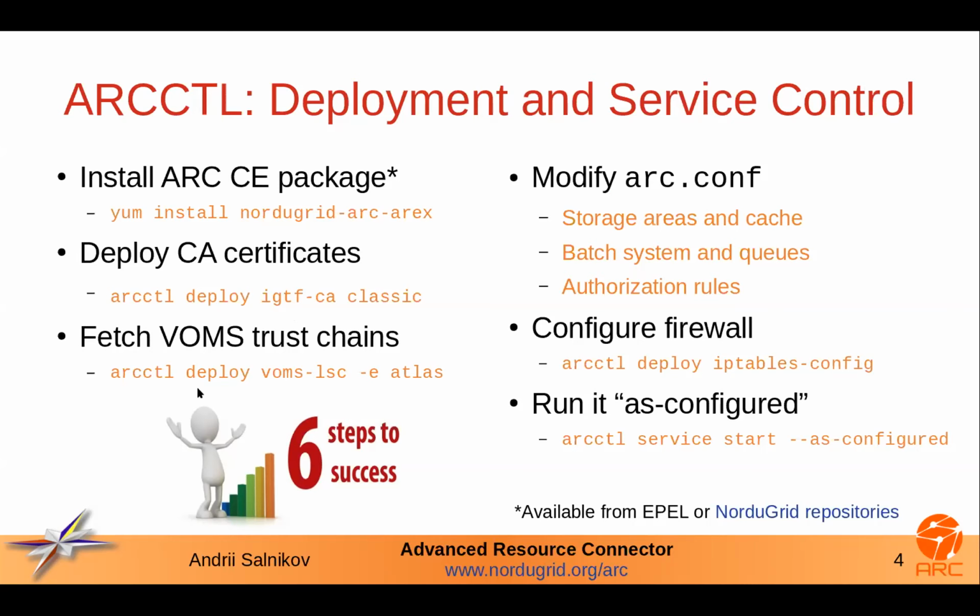If you're using VOMS, and in WLCG you typically use VOMS, you need a list of certificates or trust chains from the VOMS world, and this is also automated by ARCCTL. You shouldn't care about where to download it and where to find it, it works for you. So this is an example of good shortcuts you can use to automate your operations.